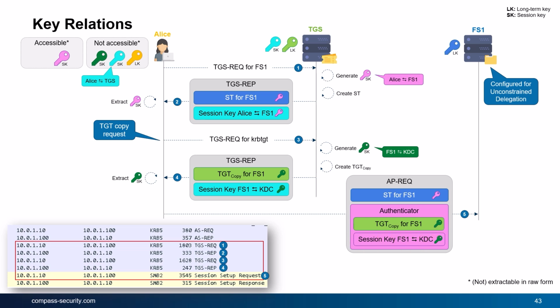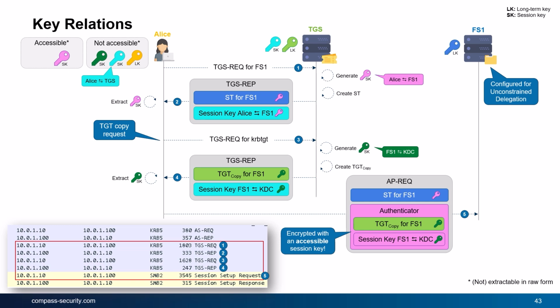And as you can see, both the authenticator as well as the session key that is associated with the TGT copy are encrypted using a key that is accessible to us as a user. That means at that point in time, this whole data structure here can be completely decrypted, with the exception of the TGT, of course, which is encrypted with the long-term key of the KDC.